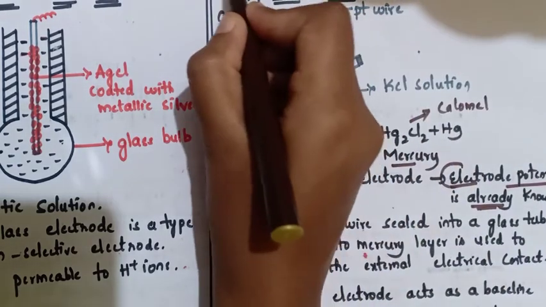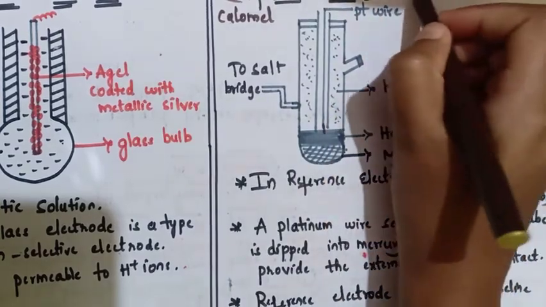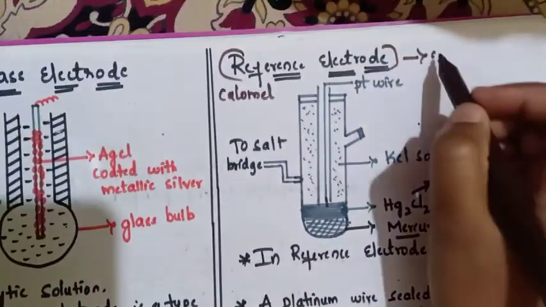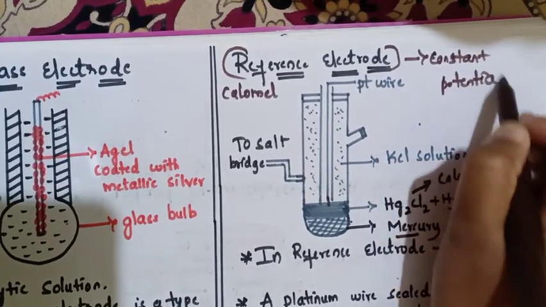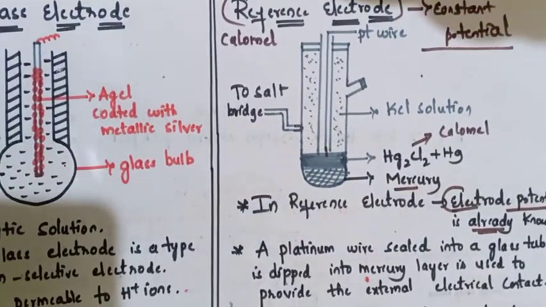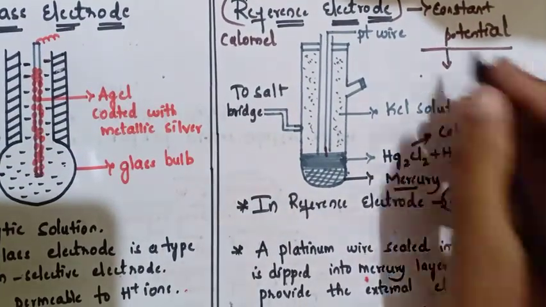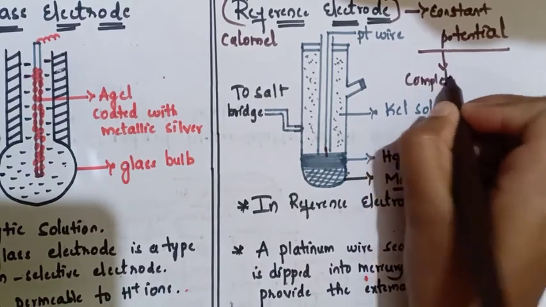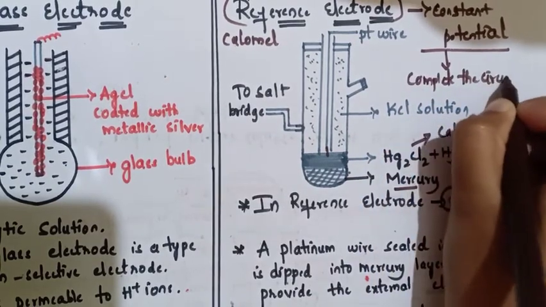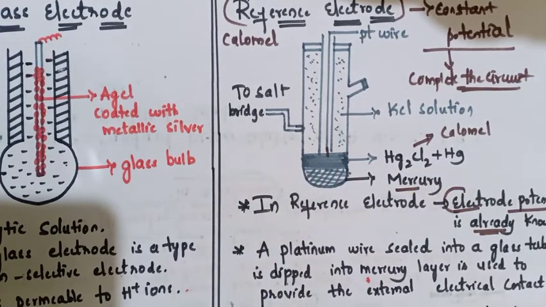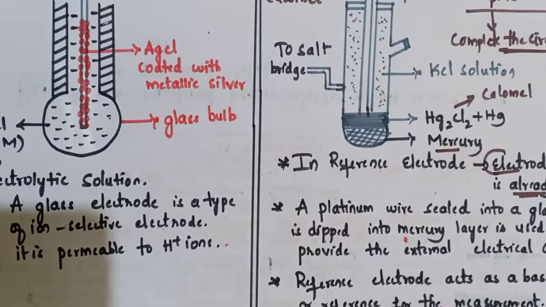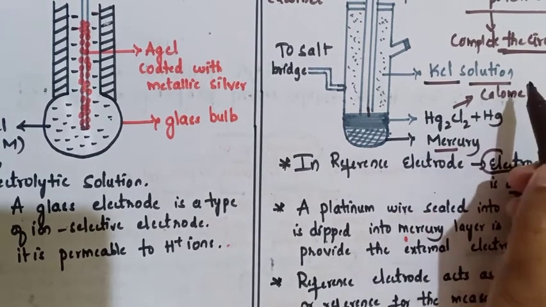The job of this reference electrode is to provide a constant potential, and it is used to complete the circuit. This is about the reference electrode. Now, we have learnt about the job of this reference electrode in the pH meter. The electrolytic solution in this calomel reference electrode is KCl solution.